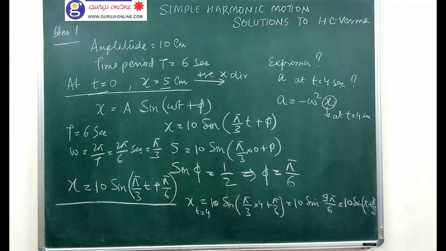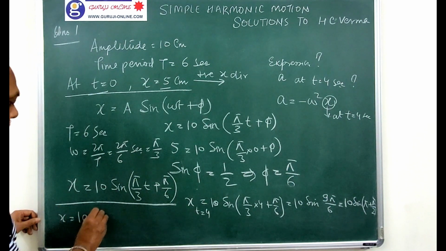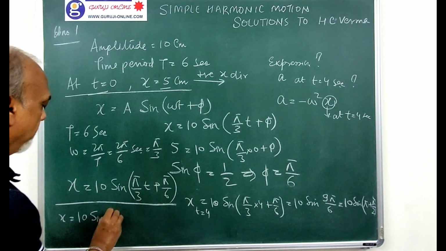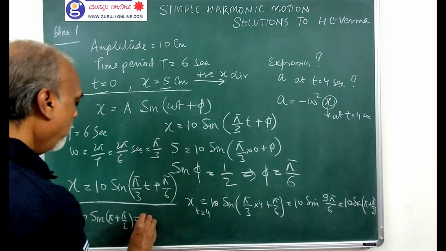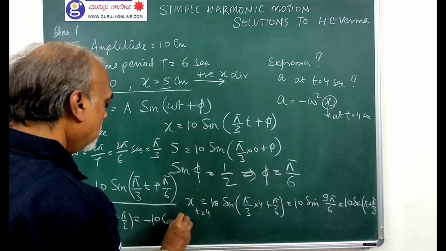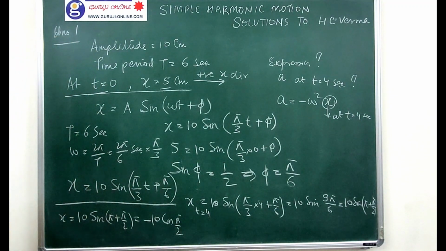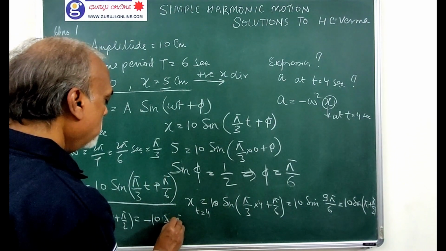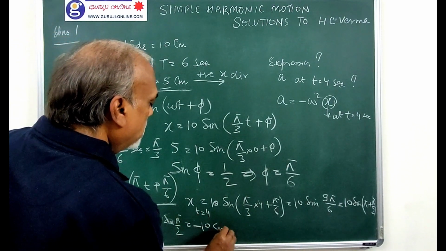Or we can write it as x will be equal to 10 sine of pi plus pi by 2, that is minus 10 cos pi by 2, sorry, this is sine pi by 2, and of course this will be minus 10 centimeter.